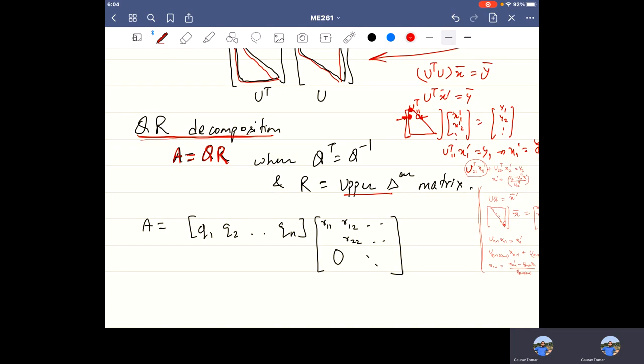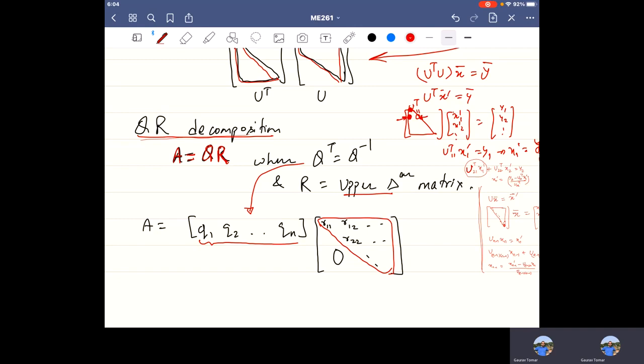When you write it, you will have this kind of setup where Q, which is an orthogonal matrix, has columns which are orthonormal to each other, and R is an upper triangular matrix. The proof of this is by construction. You can show that any A can be decomposed into this form.